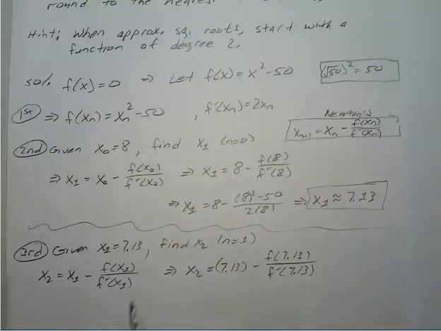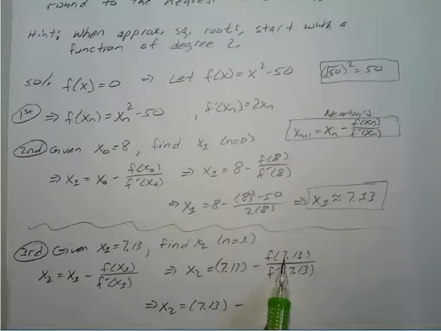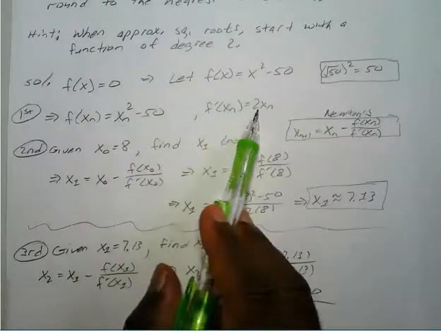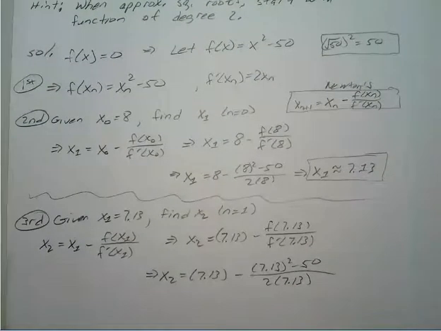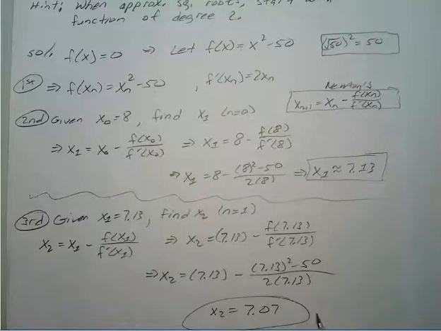So our x sub 2 is going to equal 7.13 minus f of 7.13, which is just 7.13 squared minus 50, over 2 times 7.13. Okay, so when you plug all of that into your calculator, that's going to equal 7.07 once you round it.